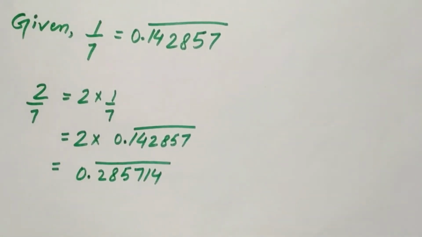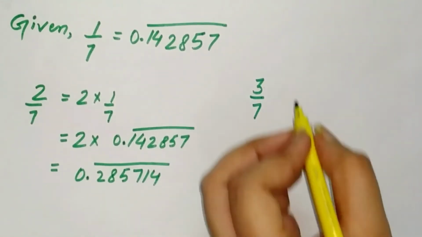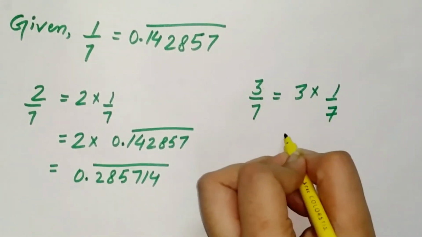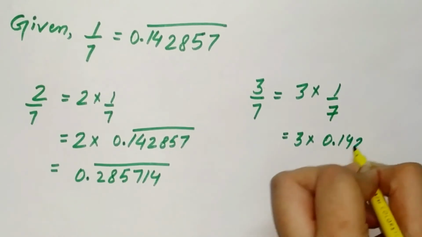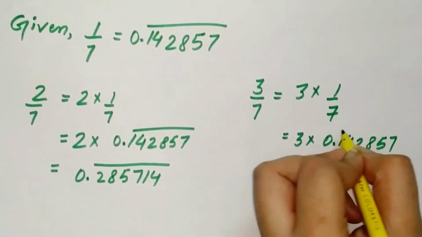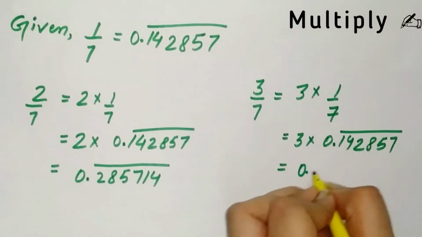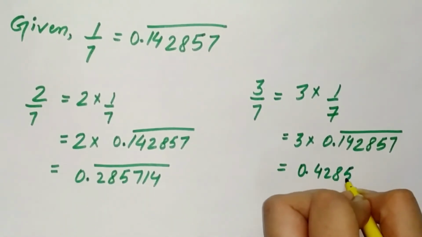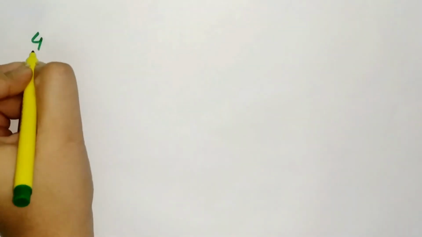And similarly 3 by 7 is equal to 3 multiply 1 by 7, 3 multiply 0.142857 bar, which is equal to 0.428571 bar.